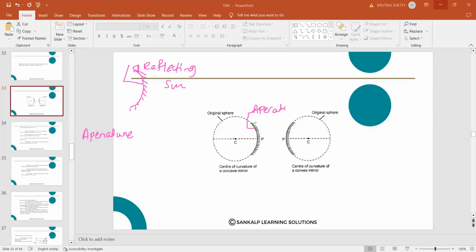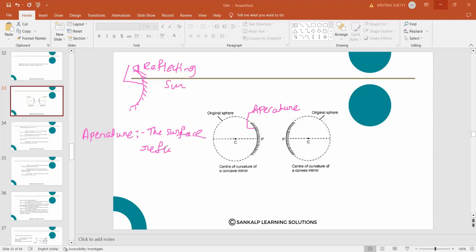So what is aperture here? Aperture is the part of the mirror where reflection or refraction phenomena take place. We can define it in 2-3 ways. Aperture is defined as the surface of the mirror where refraction takes place.